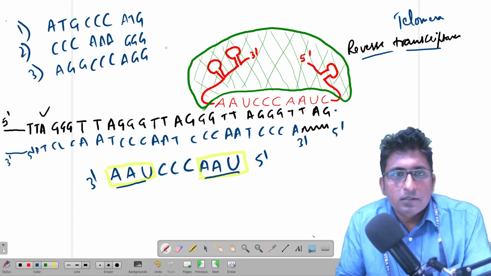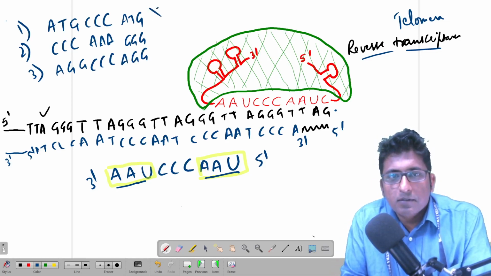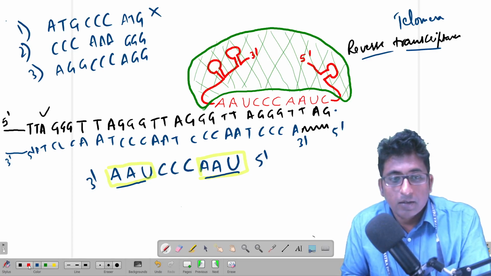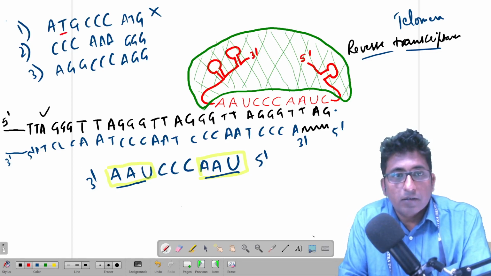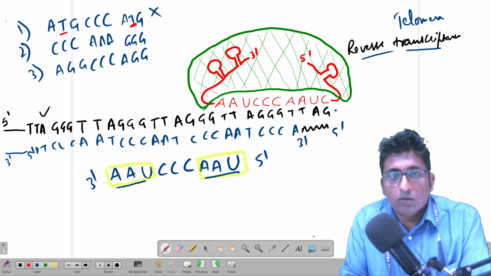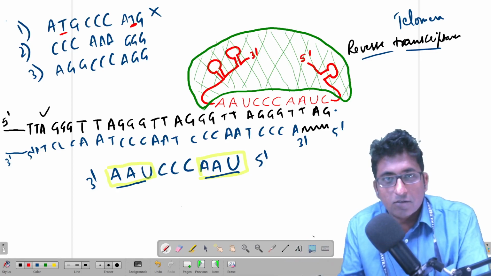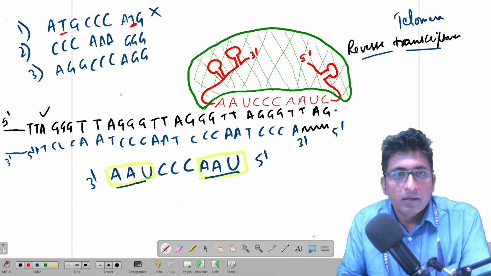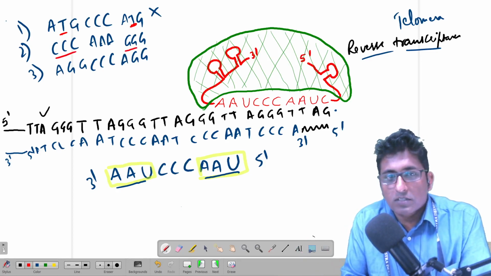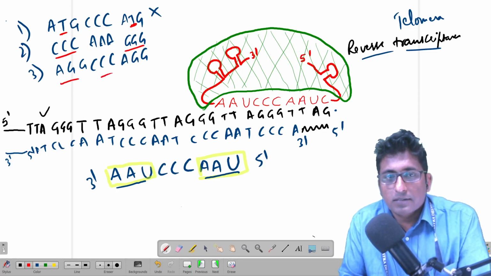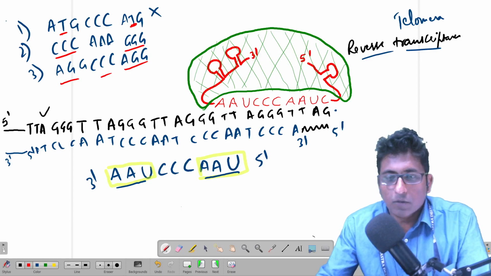So out of these, the first one is not an option because I mentioned that it is RNA, and RNA doesn't have thymine. So that's a quick win. Although it follows the symmetry, but the base is wrong, so it's not RNA. The second one is not because it doesn't follow the symmetry that we discussed. The third one does. Obviously, I have to give one correct option.